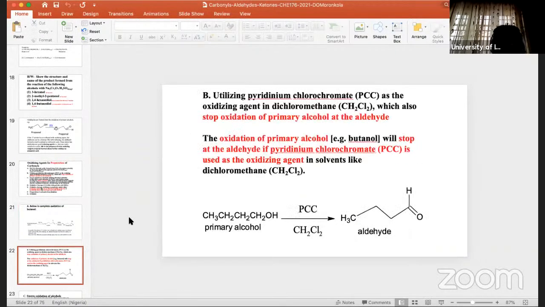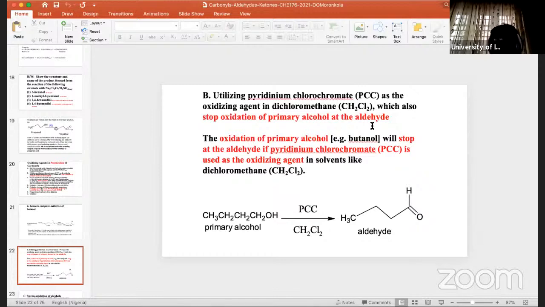From the B, where I showed you earlier before I went to talk generally about all of them, that is utilizing the PCC, which has the special advantage of stopping the oxidation. Last week I told you that anything I write in red, please take cognizance of that. So utilizing PCC as oxidizing agent affords us the chance to stop the oxidation of a primary alcohol at the aldehyde.